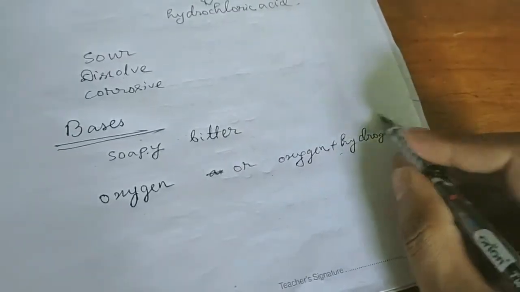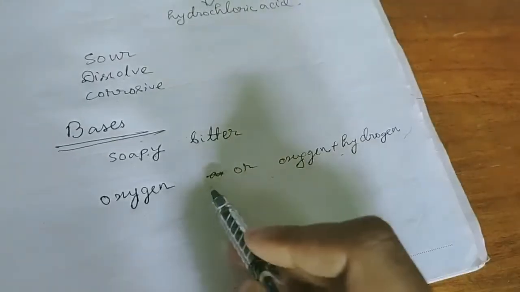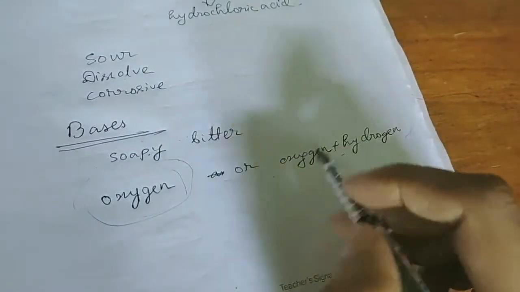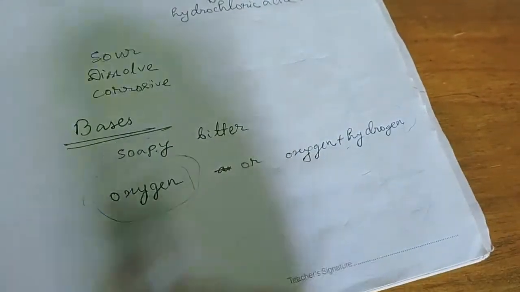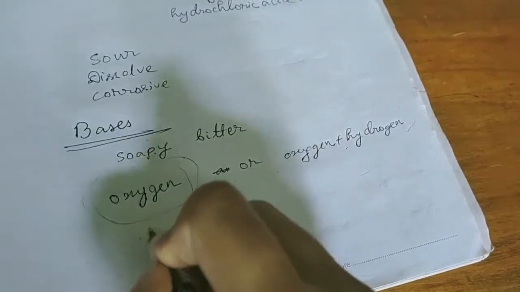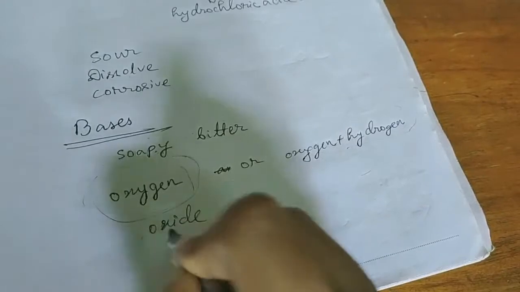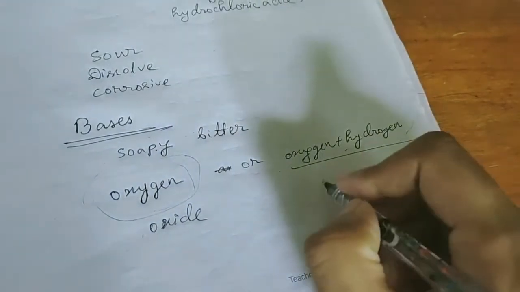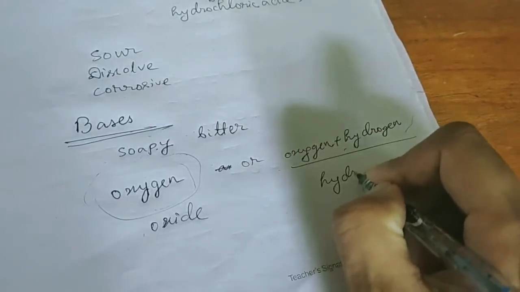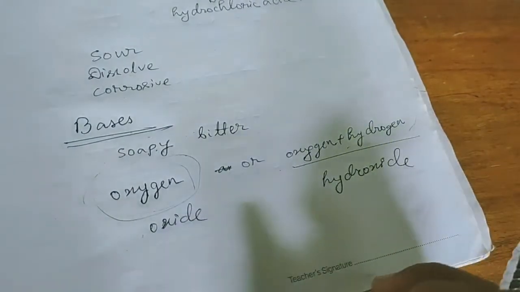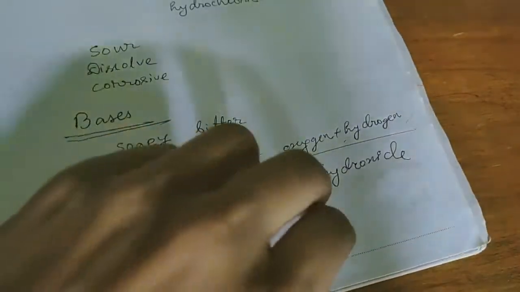In case of acids, they contain hydrogen, but in case of bases, they may contain only oxygen or oxygen plus hydrogen. So when a base contains oxygen, we call it oxide. When a base contains oxygen plus hydrogen, we call it hydroxide. We call it oxide and hydroxide.